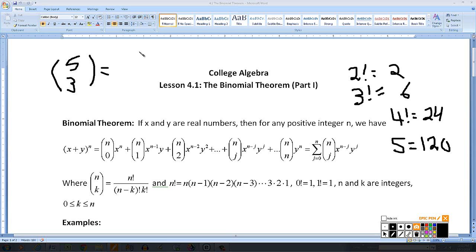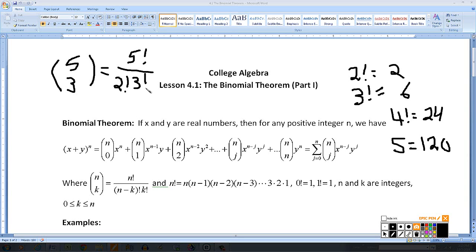In this case n is 5, so that should be 5 factorial. On the bottom I should have n minus k factorial. In this case it's 5 minus 3, that's 2, so that would be 2 factorial. And that's times k factorial, but k is 3, so this will be 3 factorial.